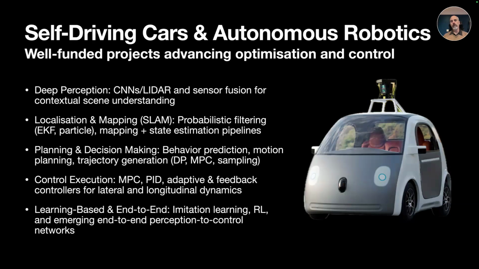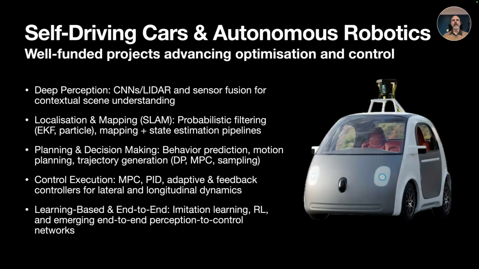And many of the techniques that they are using will be familiar to control practitioners. At the front end, there are convolutional neural networks, and then LiDAR with sensor fusion for trying to understand how these scenes are put together.